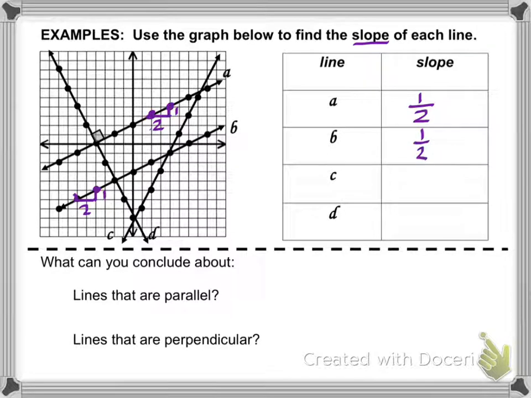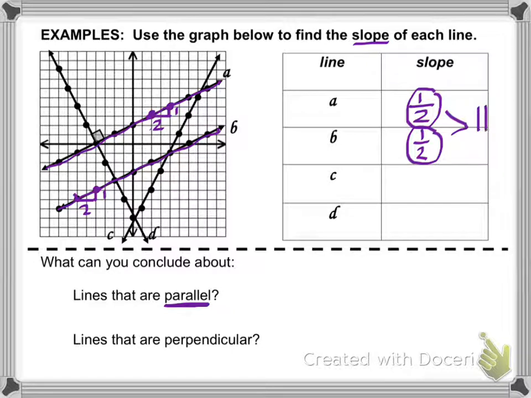If you notice, these 2 lines also appear to be parallel. They do not intersect, and if they were to continue in both directions, I could assume that they also would not intersect. So let's stop real quick and take a look at parallel lines. Parallel lines, what we can conclude is that they have the same slope.